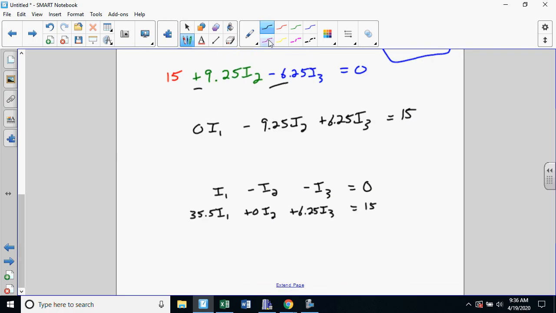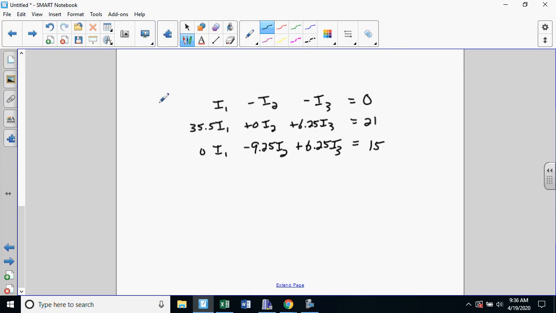I'm sorry, I don't know where I got 15 from. It's equal to 21. And the last equation from the second loop was 0 I1 minus 9.25 I2 plus 6.25 I3 is equal to 15.